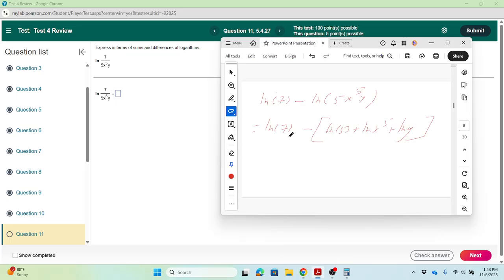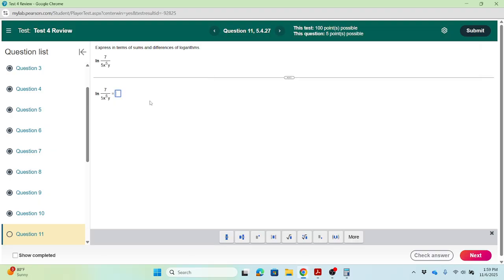So here this is ln 7 minus ln 5, and I can use the power rule. I can bring this 5 down, and after minus, plus, minus, it's 5 times ln of x minus ln of y. So this is the expanded form, which is ln 7 minus ln 5 minus 5 ln x minus ln y.